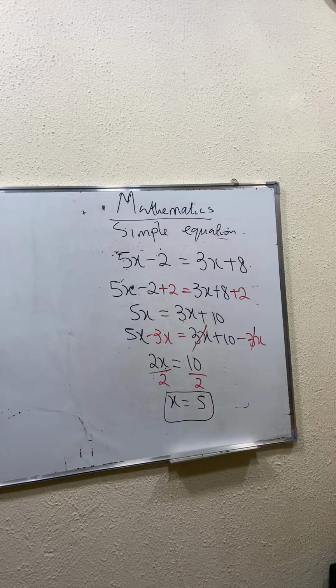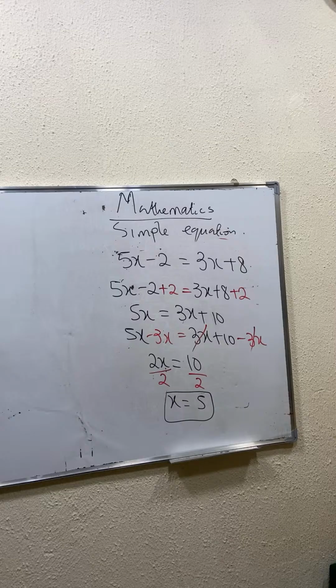Okay, today we are looking at how to solve simple equations by collecting like terms. If you look at the one I solved, you see that I first of all added 2 to both sides so that I'll bring the constants together.